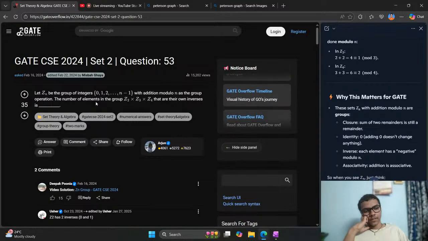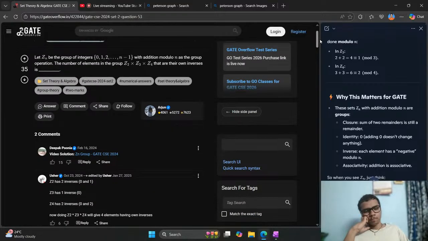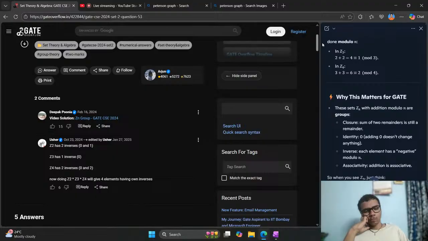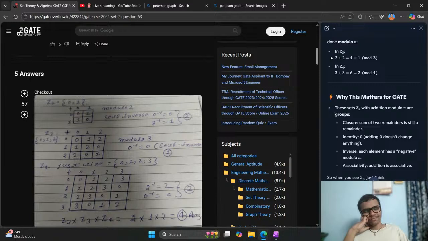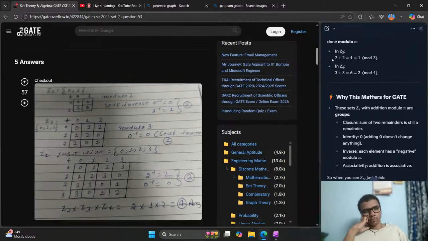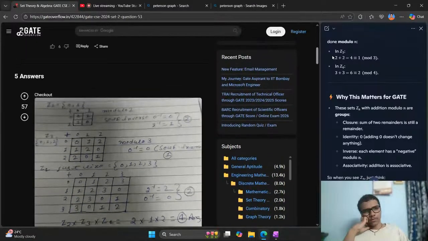The number of elements. Z2 has two inverses. I don't know what this guy did.